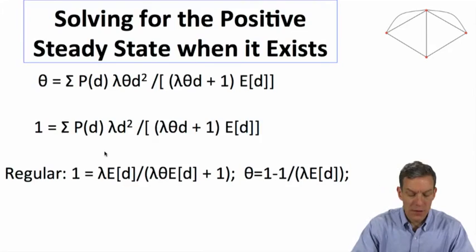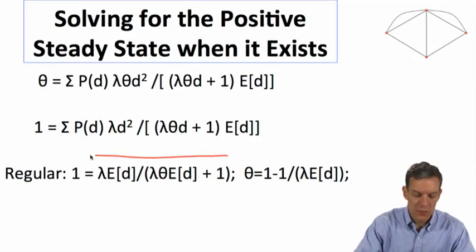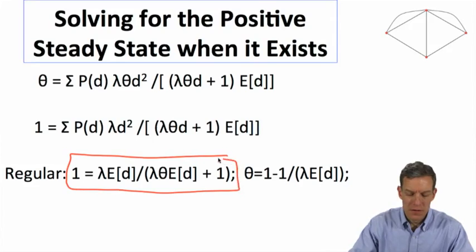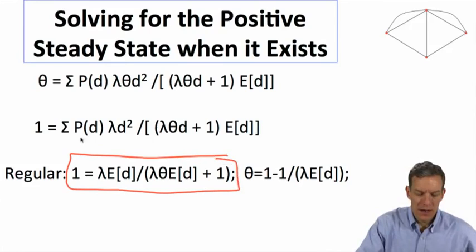And so then things simplify, and we end up with 1 is equal to the expected degree squared over, we've got an expected degree here and an expected degree here. So that's going to simplify, and we'll end up with an expression which looks like this. Okay, so just plugging in that everybody has the same degree, which is just the expected degree, then we can get rid of this.